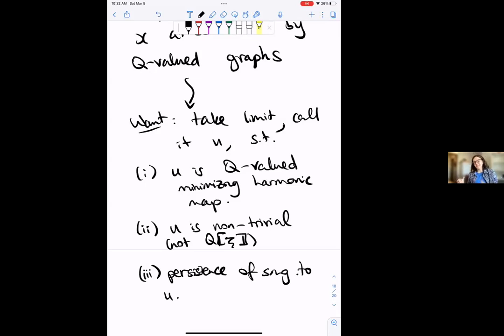Right, it sounds like we're pretty much done, but actually it's very non-trivial to show all of this. This is where the hard work lies, achieving all of these properties for the limit. And what's the first naive approach?